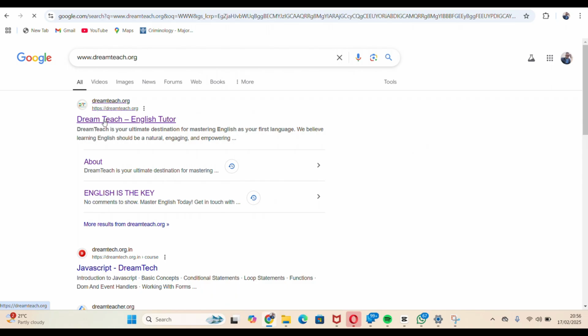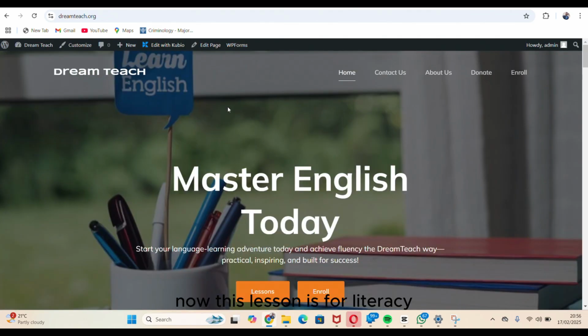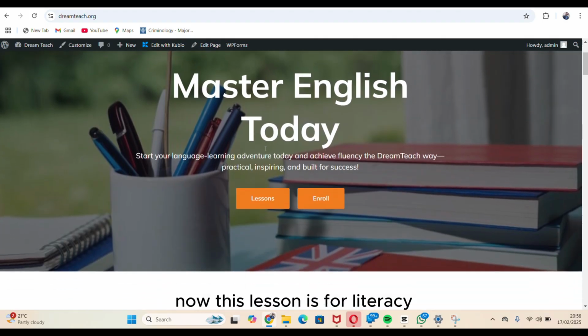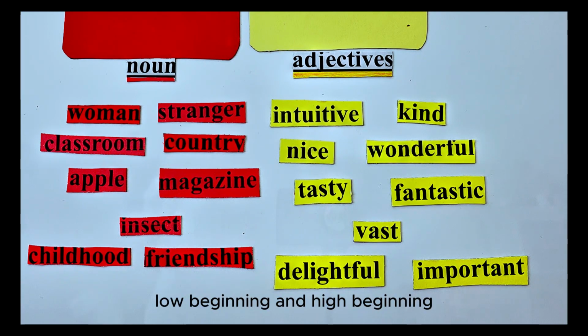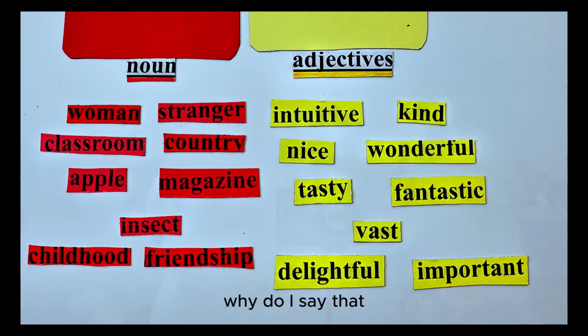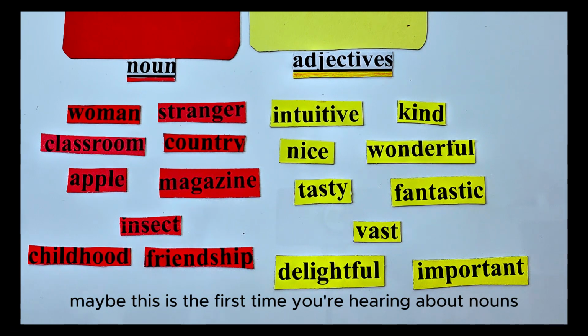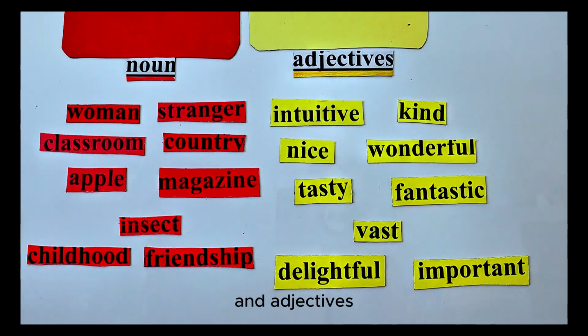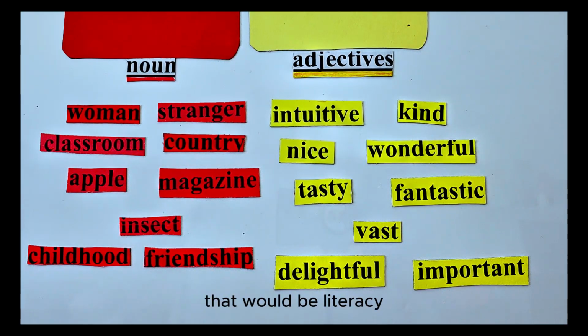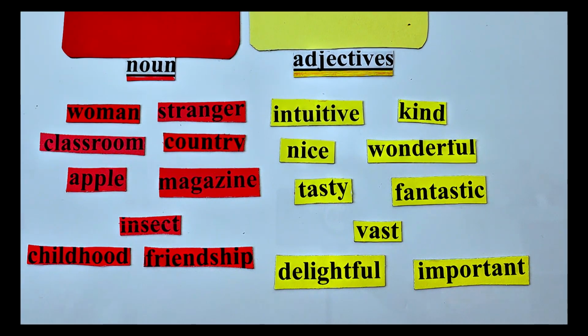This lesson is for literacy, low beginning, and high beginning. Why do I say that? Maybe this is the first time you're hearing about nouns and adjectives. That would be literacy.